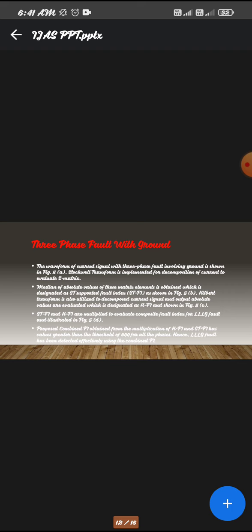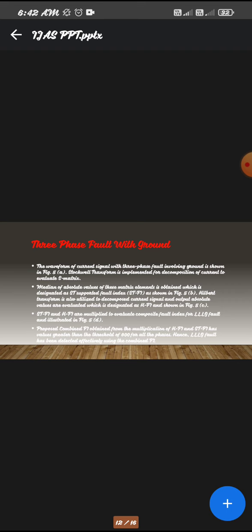The median of absolute values of the S matrix elements is obtained, which is designated STFI. The Hilbert transform is utilized on the decomposed current signals, and output absolute values are evaluated, designated as HFI, shown in figure 5c.